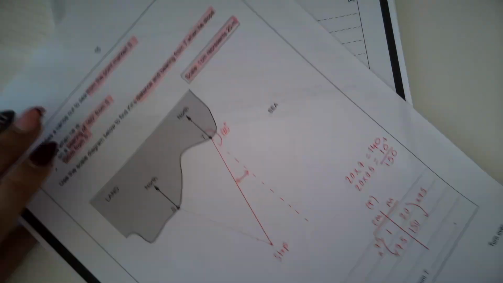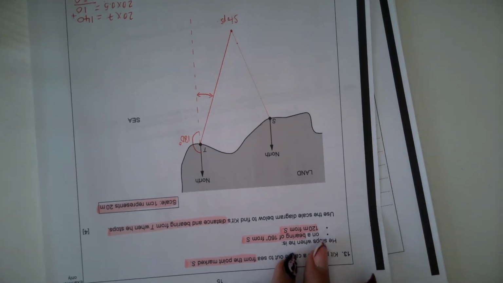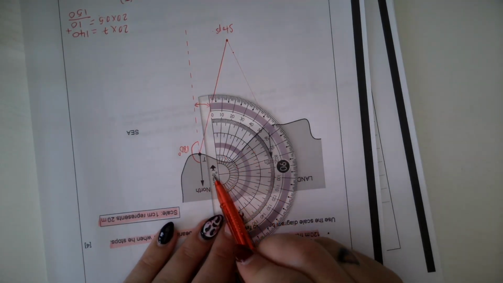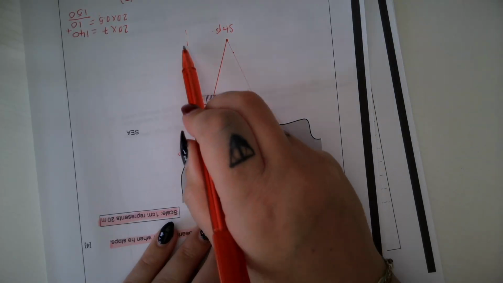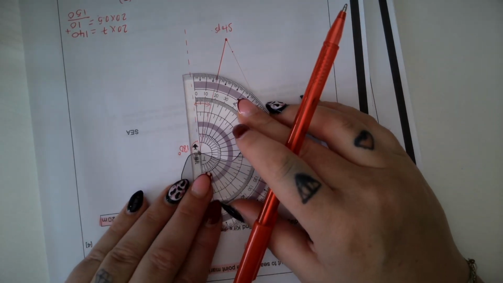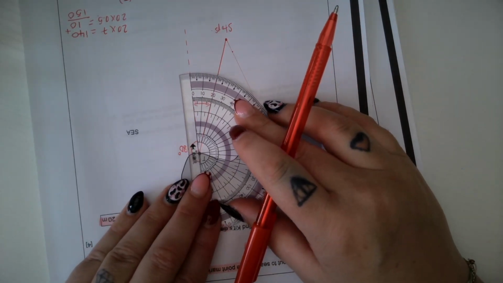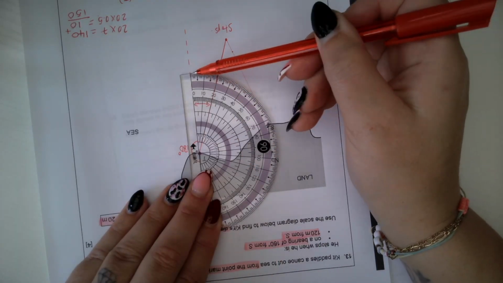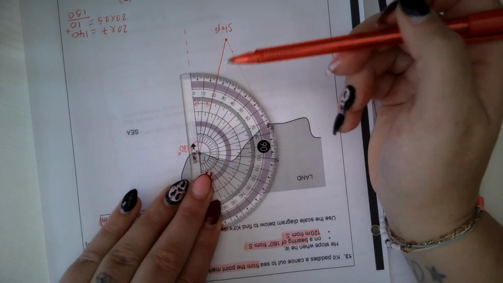So what I'm going to do now is turn my page and I'm going to put my protractor like I did before, the middle part on T. I'm going to align my 0 line with the line I've just drawn because it's aligned with the north line. So let's do that. In the middle, align it with the line you just drew, and then we are measuring around to this line here. So from here to here is 20 degrees.